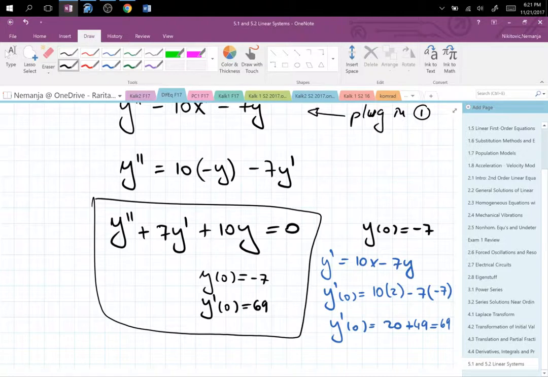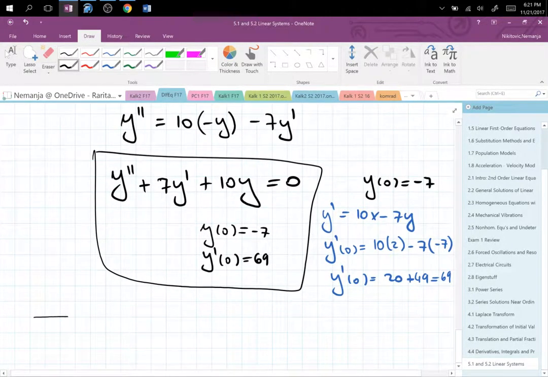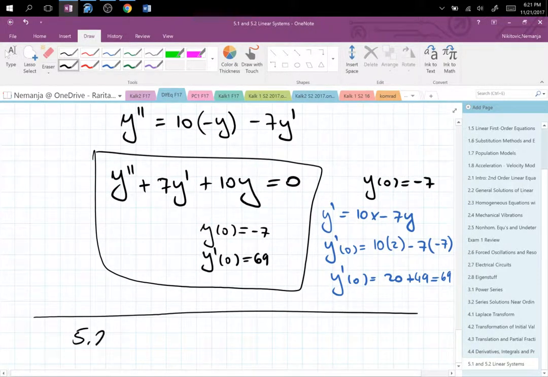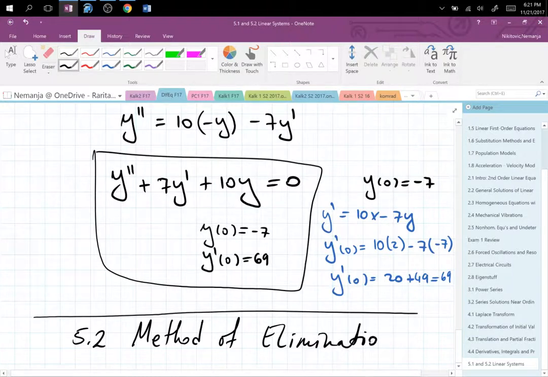So that's 5.1. Now, continuing immediately into 5.2 is what we call the method of elimination. So now we get to eliminate.